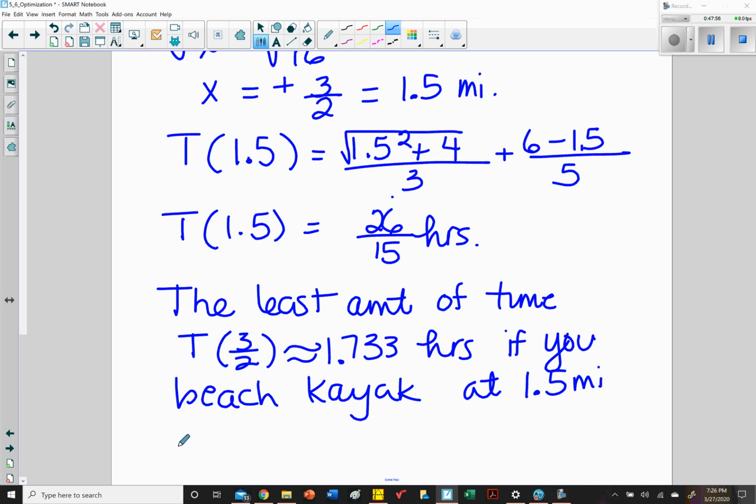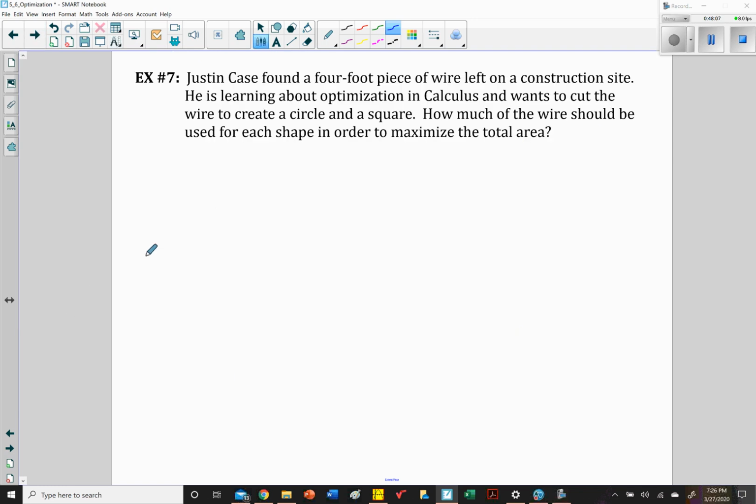And the reason we know that is because the derivative at 3 over 2 changes signs from negative to positive at that place. We have one more example.